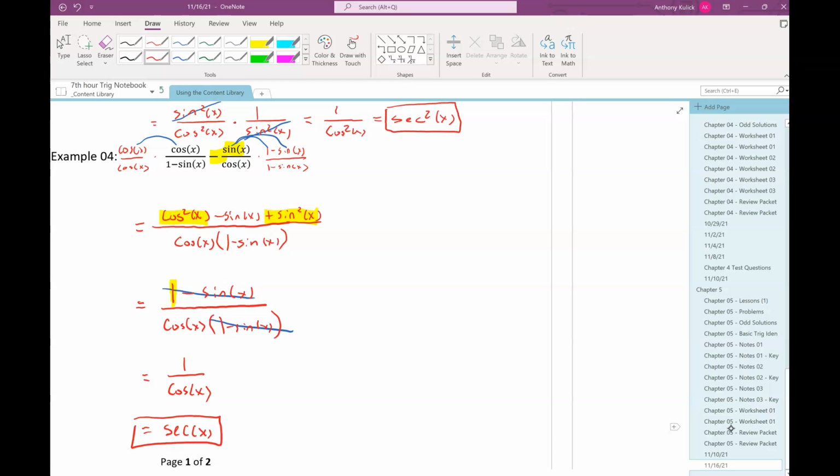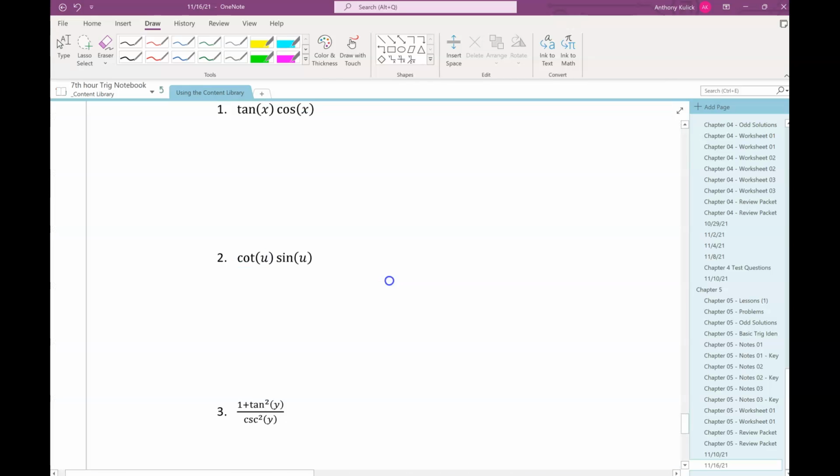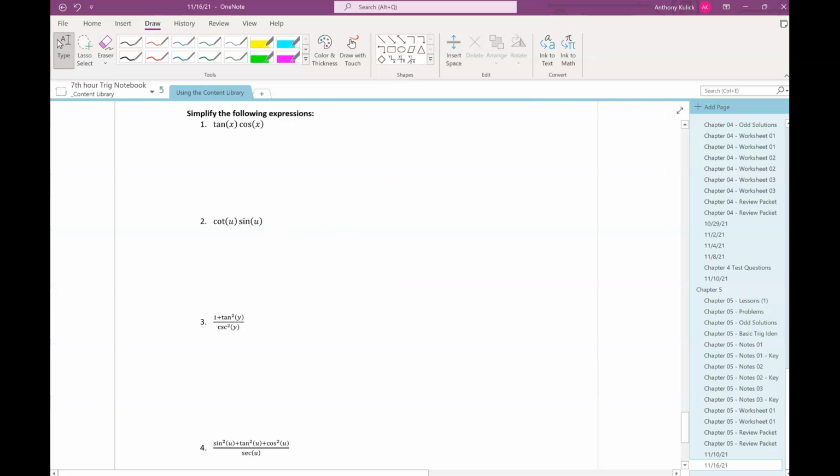We have 20-something minutes left. Why don't you find a partner and work on the final 4 problems here on this Notes 02 space? I'll move around, help out, and ask some questions. This isn't really an assignment. This is just for you to practice.